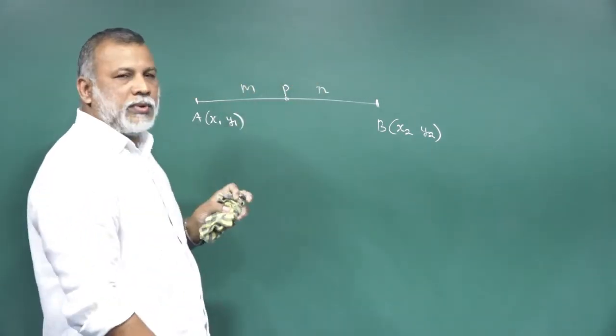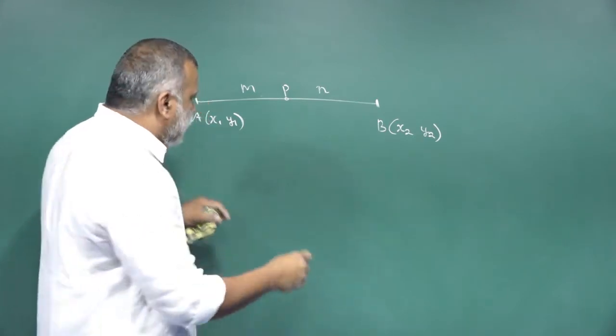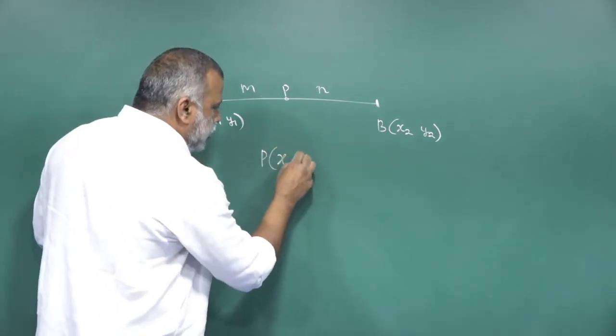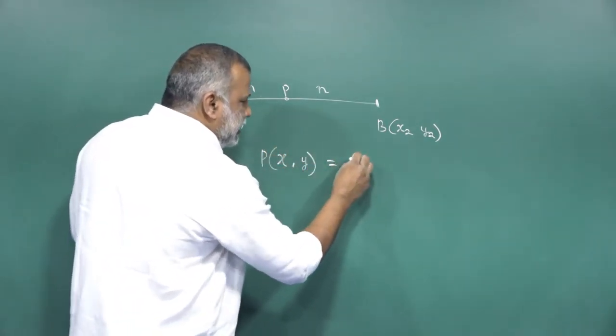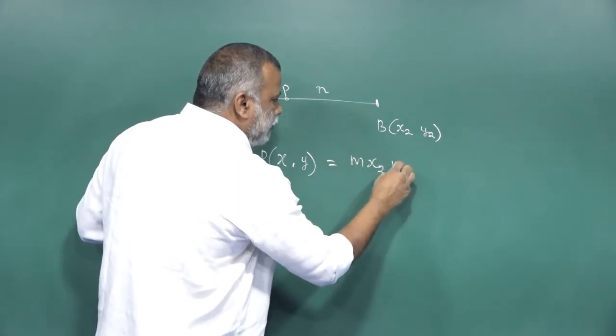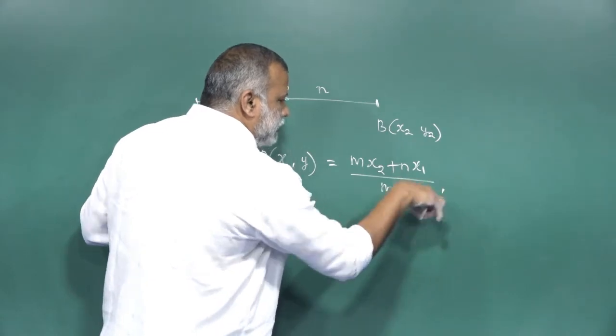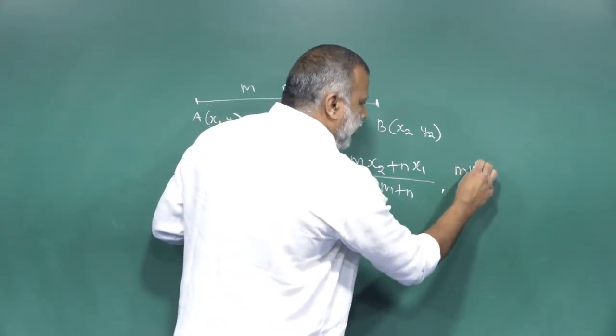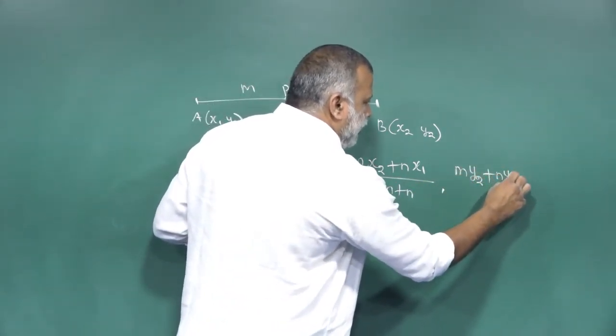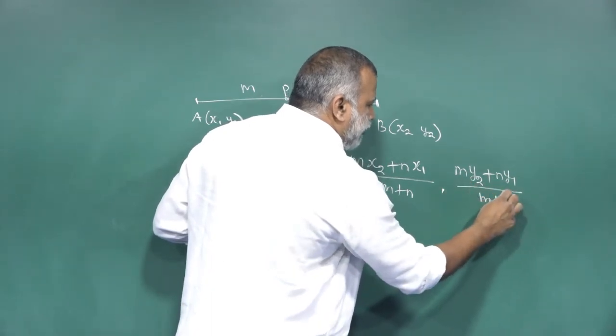Suppose we just now worked out P of x comma y is equal to, what is the result? m x2 plus n x1 divided by m plus n. The same way, m y2 plus n y1 divided by m plus n.